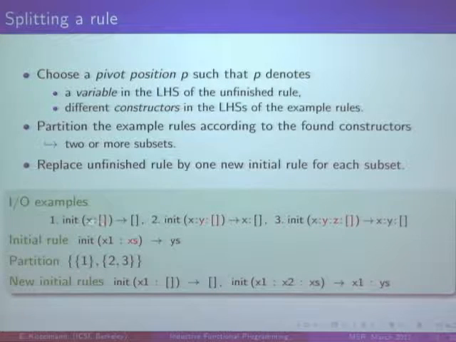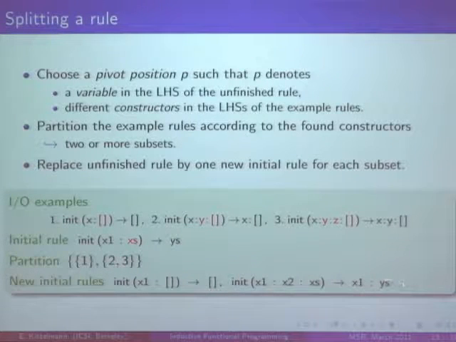So the first example goes into one subset because it has an empty list here, and the other remaining two examples go in another subset because they have non-empty lists here. Okay, and then we just compute an initial rule for each of these subsets. These new rules have more specific patterns than the initial rule, and the patterns are disjoint because they have different constructors at this position.